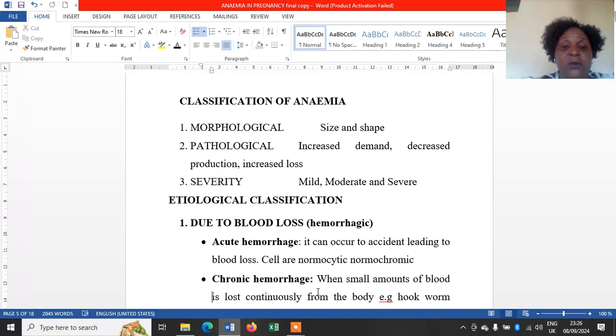So we can also classify anemia due to pathology. Or we can classify it according to severity. There we shall talk about mild, moderate, or severe.